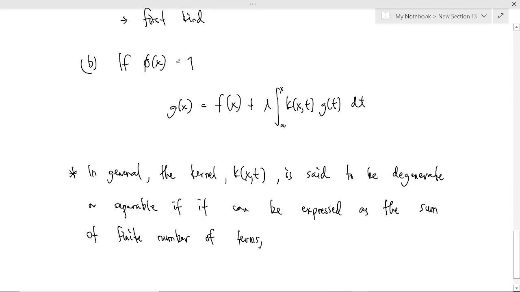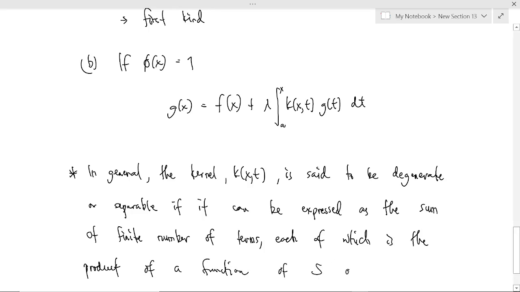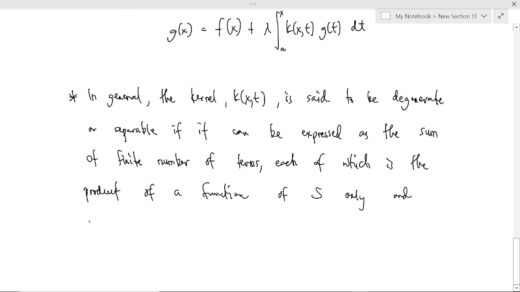each of which is the product of a function of x only and a function of t only.